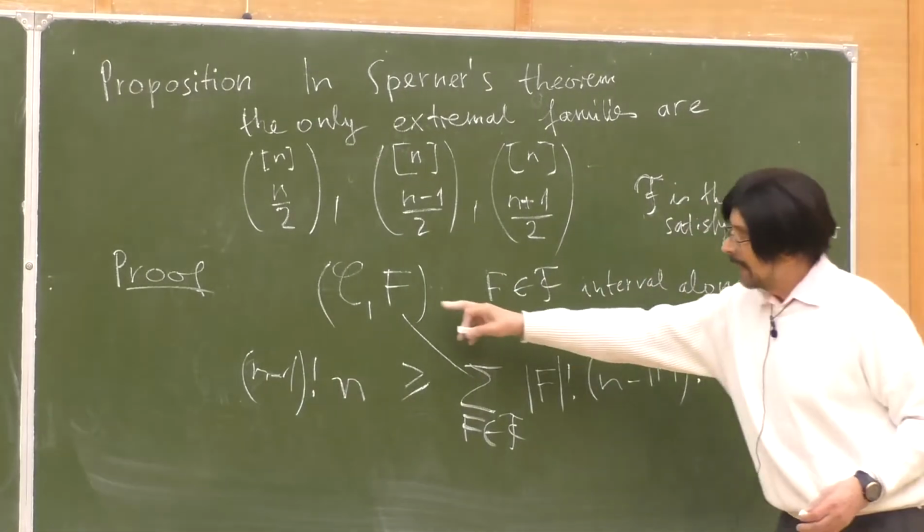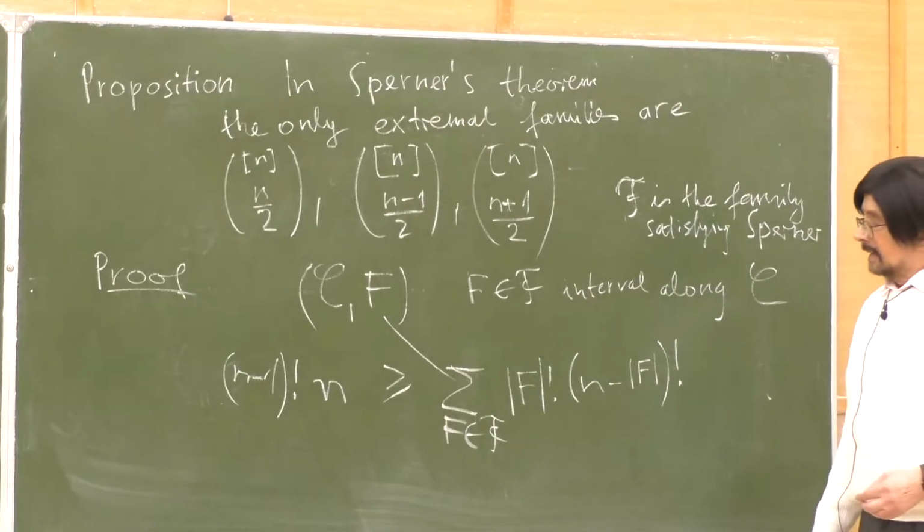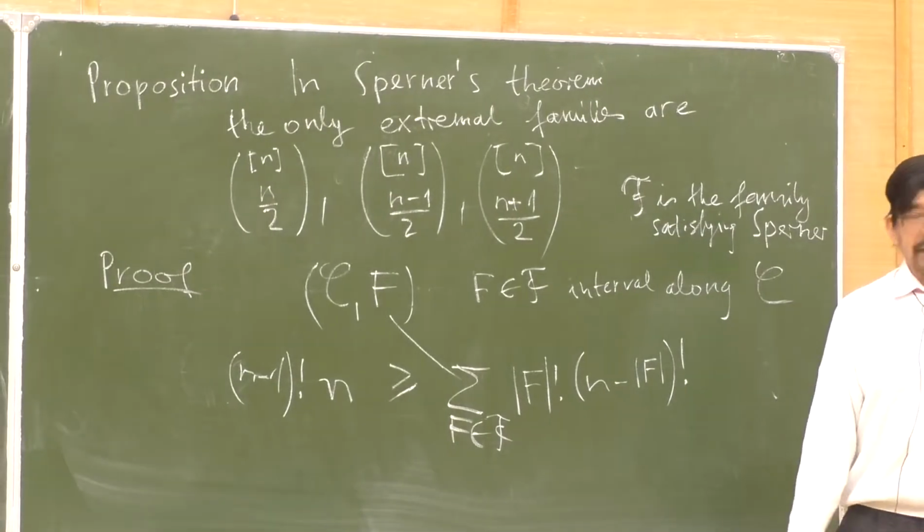So for every f, we calculate how many cyclic permutations are there, where f is an interval.